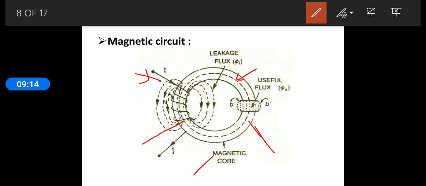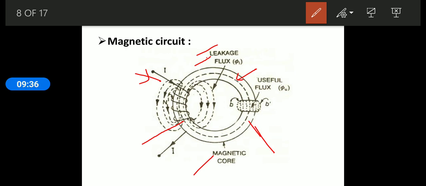Some magnetic flux is not confined within the magnetic core, and this flux is useless flux, called leakage flux.